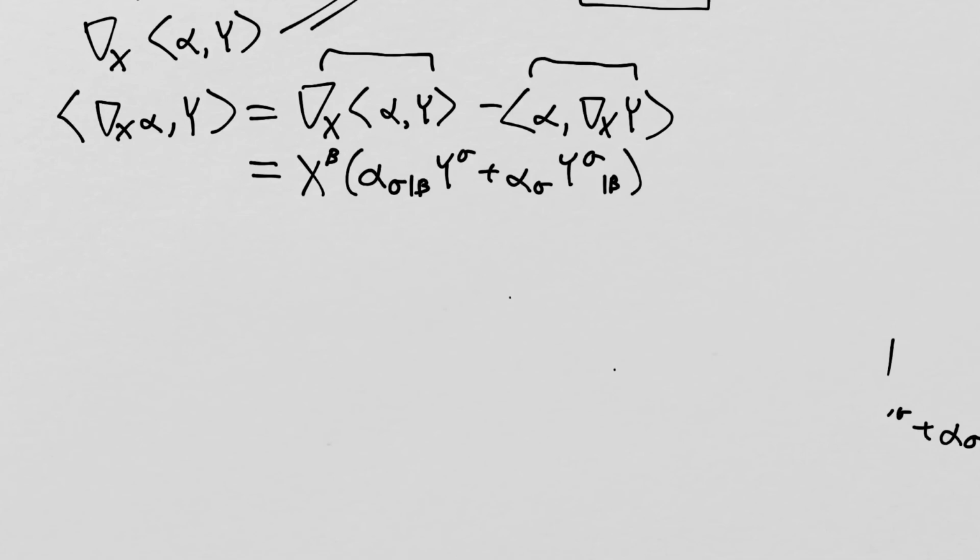Well, we know that this first part here is just going to be x^δ times, let's say, y^μ ∂_δ plus Γ^μ_πδ y^π, right?